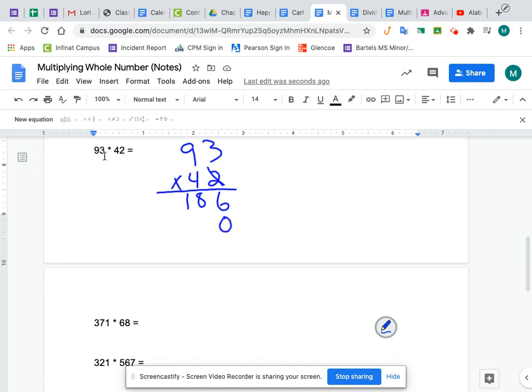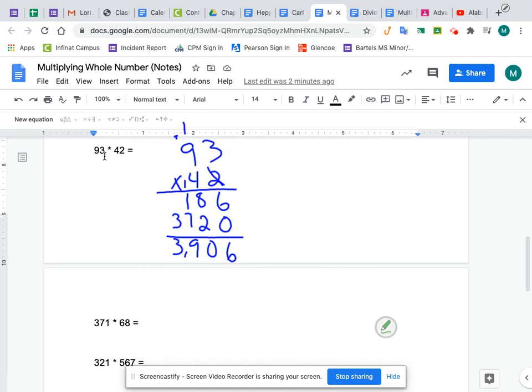Move to the tens. 4 times 3, which is 12. And then finish up with 9 times 4, which is 36. Remember, this is plus 1 for 37. Add everything up. 8 plus 2 is 10. 2 plus 7 is 9. So 3,906 ends up being your final answer.